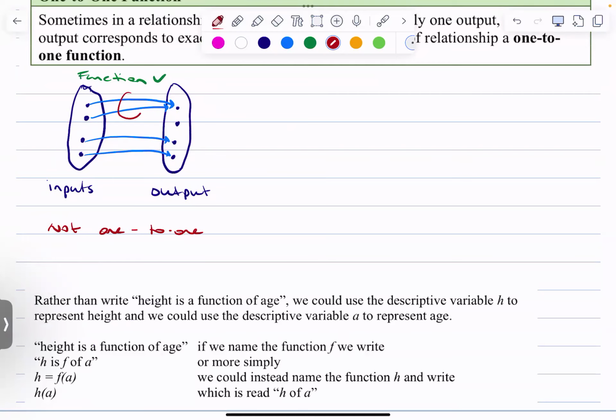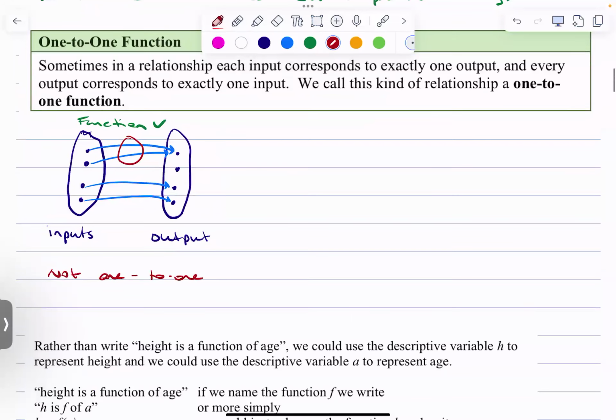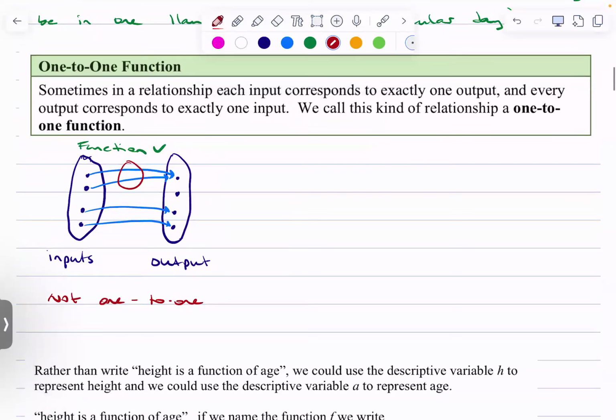Okay, because of this. So the key part here is that every output corresponds to exactly one input. And so what that would look like is this beautiful, calm back and forth.